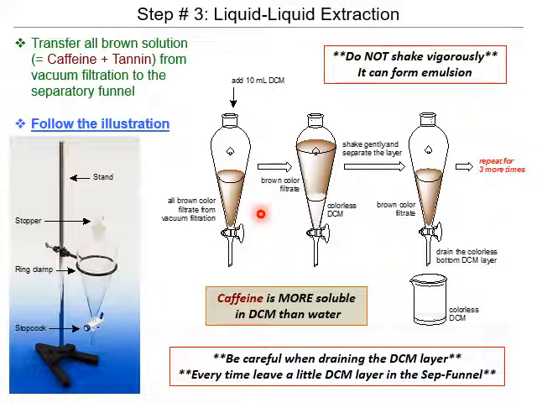And to ensure that DCM actually extracts the caffeine, you add the DCM, and two layers will form. There will be a colorless one, since caffeine is usually a white crystal. It does not carry the brown color. So you can already imagine that the DCM is taking out the caffeine from this brown solution, and it's coming onto here, and so it's colorless. That way you can already know that this layer is the one where caffeine is.